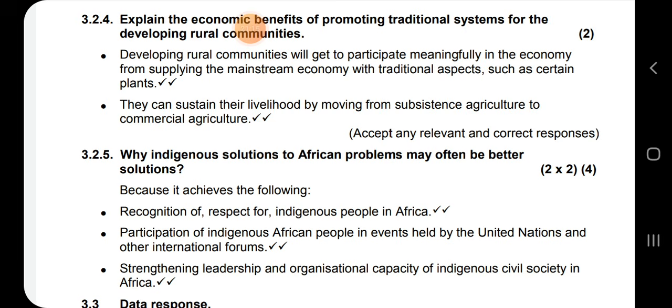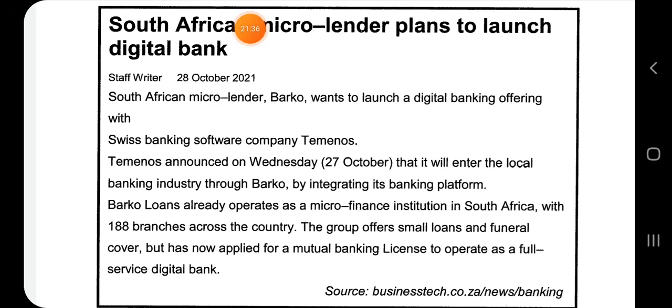So that is how it can benefit, because it achieves the following: recognition and respect for indigenous people in Africa as well, and participation of indigenous African people in events held by the United Nations and other international forums. So it is able to uplift them as well and put them on global stages.